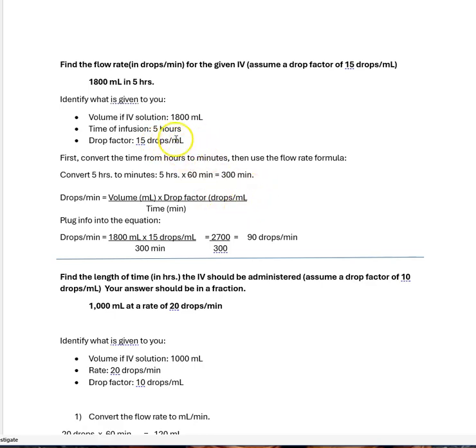So the first thing I need to do is convert the time from hours to minutes, and then use the formula. 5 hours times 60 gives me 300 minutes. My drops per minute formula is volume times drop factor over the time. So I'll plug it in.